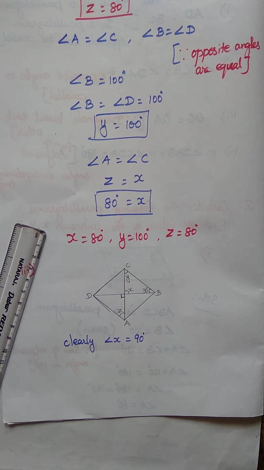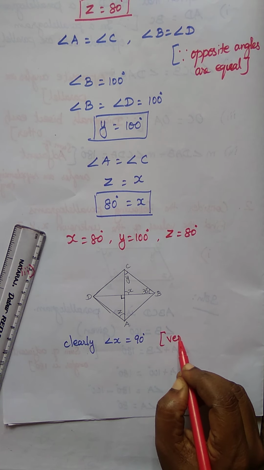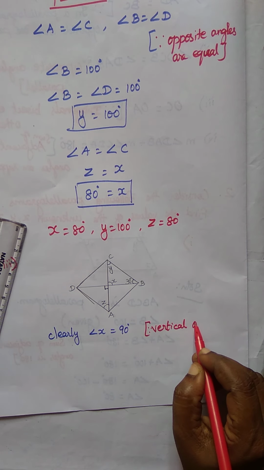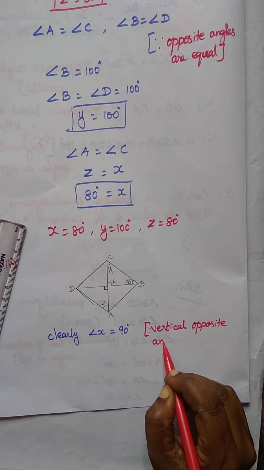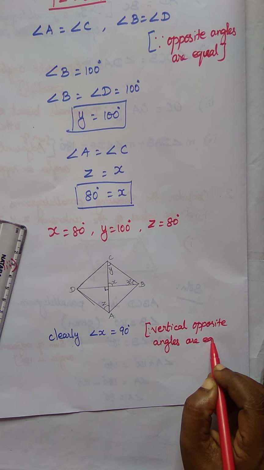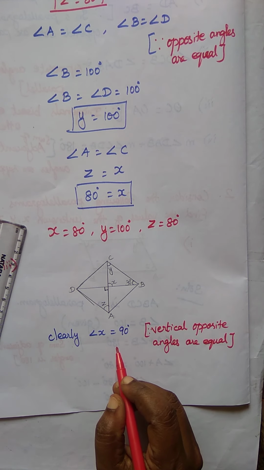What is the reason? Vertical opposite angles are equal. So using that, this X value is equal to 90 degrees.